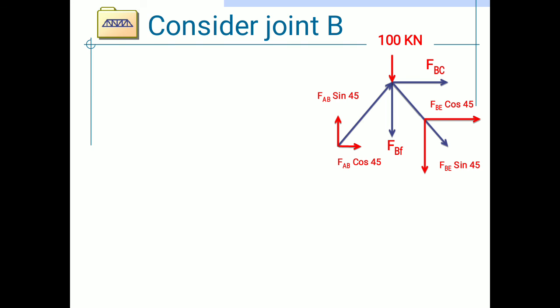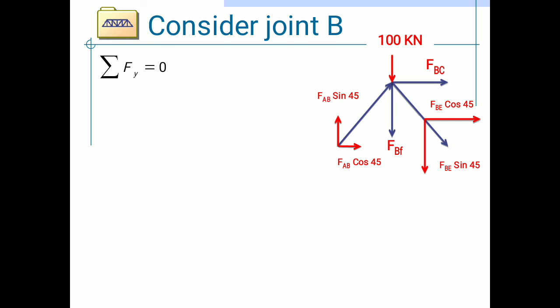Now consider joint B. At joint B, four members are connected: FBC, FBE, FBF, and FAB. By resolving the inclined forces in horizontal as well as vertical directions, at joint B, a 100 kilonewton force is applied in the downward direction. First, applying summation Fy is equal to 0.